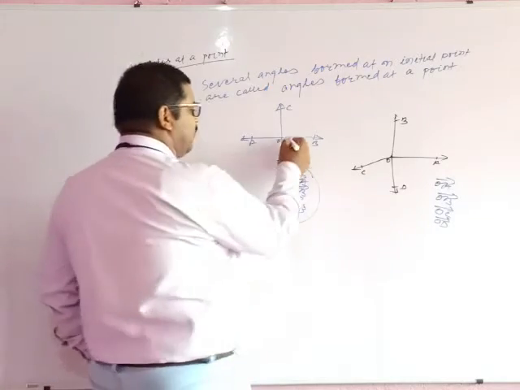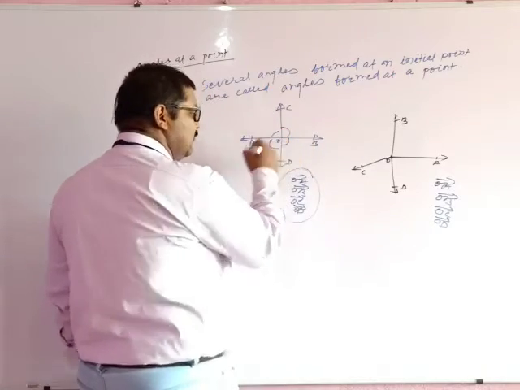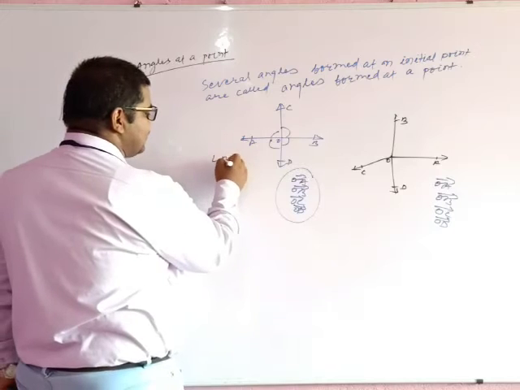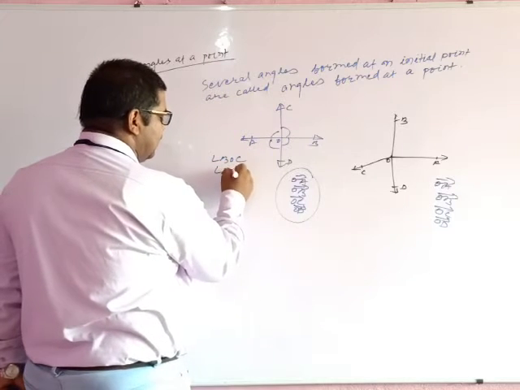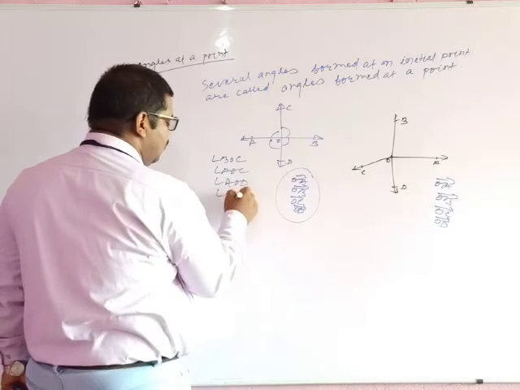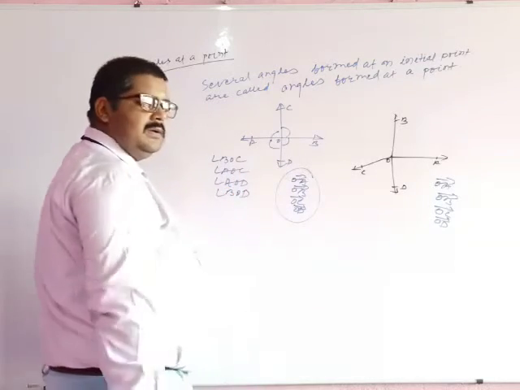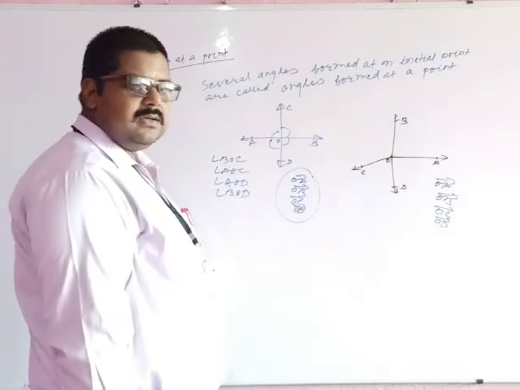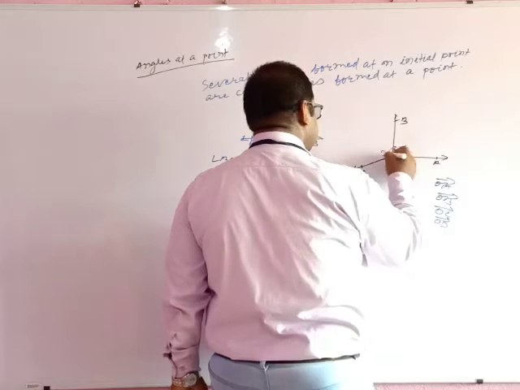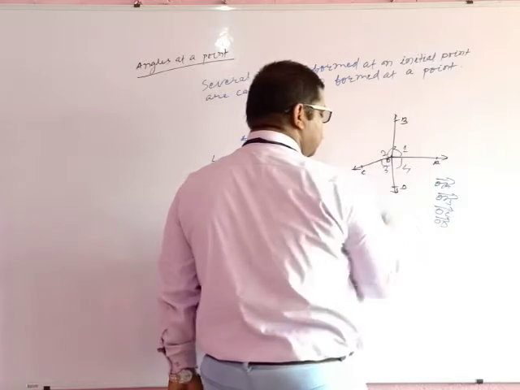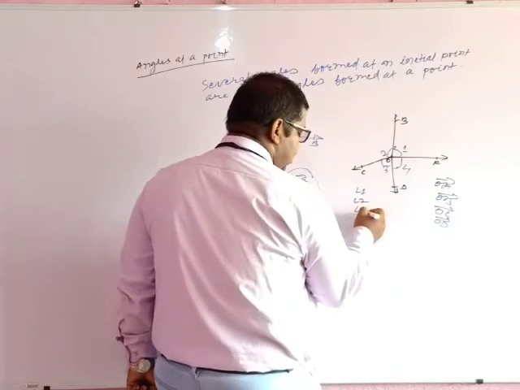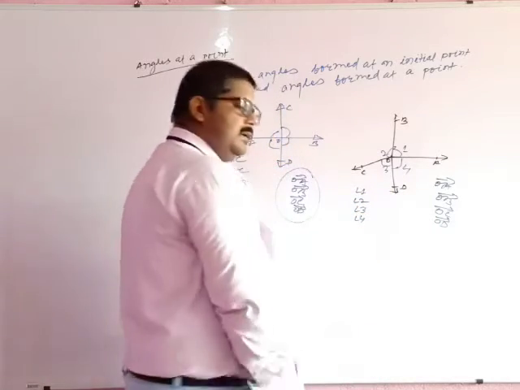And how many angles does it form? 4 angles. Namely you can write angle BOC, angle AOC, angle AOD and angle BOD. All 4 angles. Sometimes they are also denoted by digits 1, 2, 3, 4: angle 1, angle 2, angle 3 and angle 4.